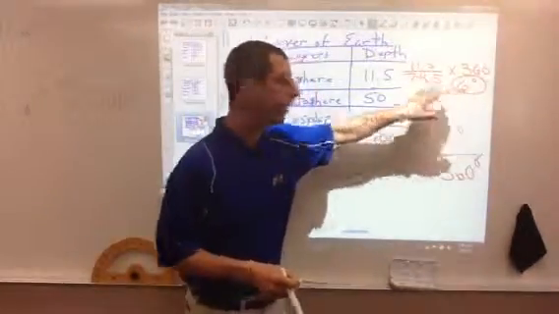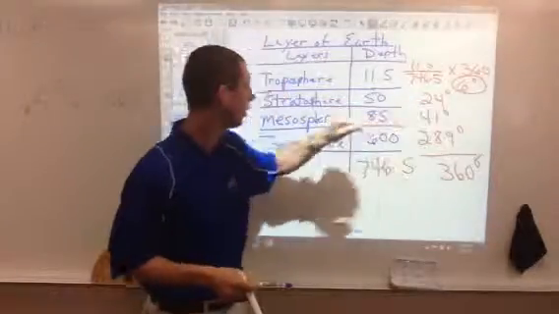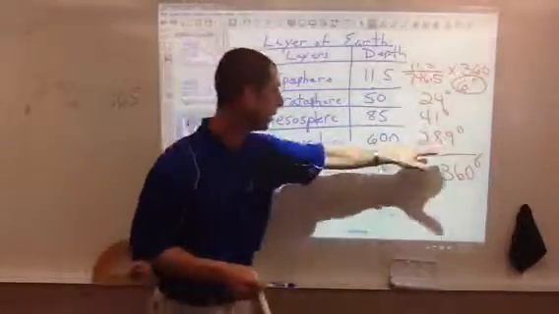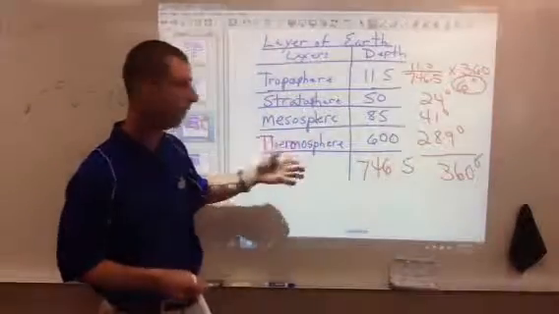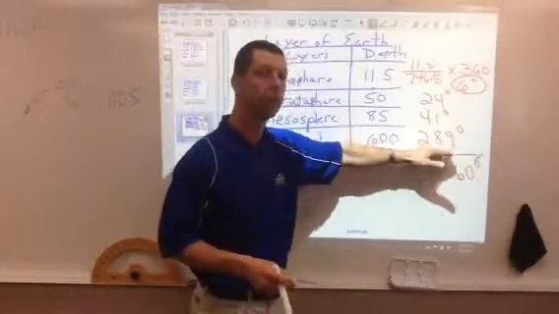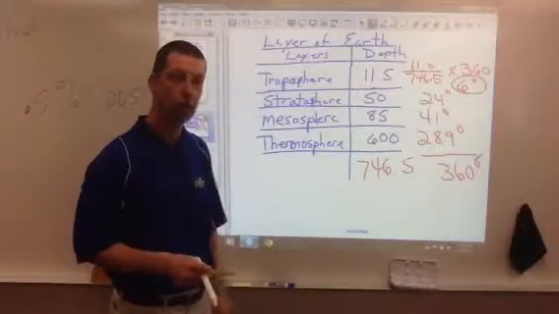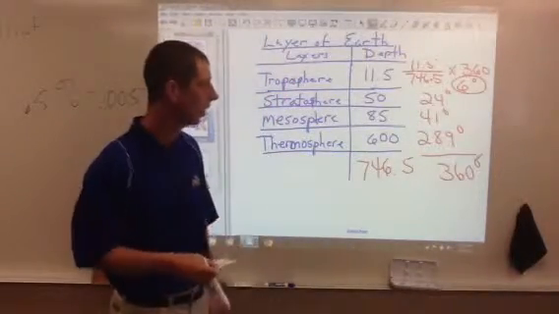You make your 6 degree sector, label it, make your 24 degree sector, label it, 41 degrees, label it, and 289 should be what's left. You'd want to save this one for last. Making a sector that's 289 degrees requires a little bit of thought.